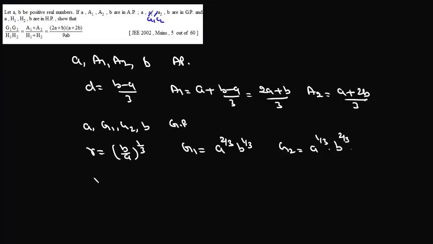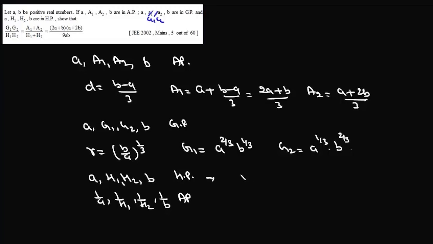And this third one is a, H1, H2 and b, they are in HP. Now this is the same as the first one because the corresponding 1 upon a, 1 upon H1, 1 upon H2, 1 upon b will be in AP, and for this AP we are going to use 1 upon a and 1 upon b, but we have to take the reciprocals.